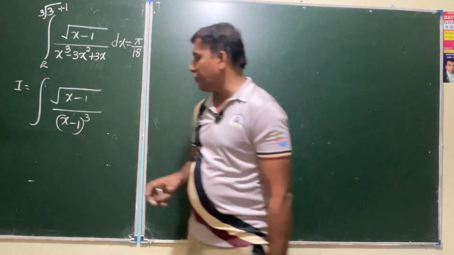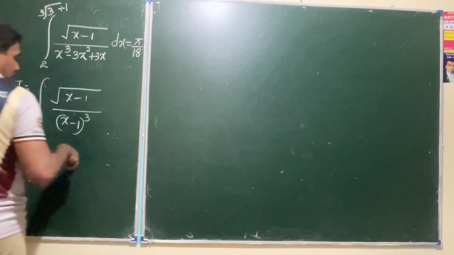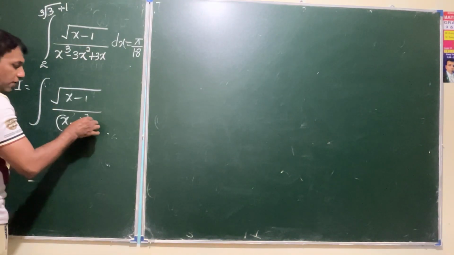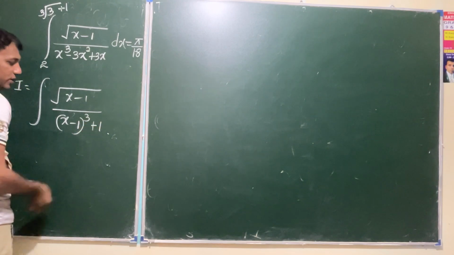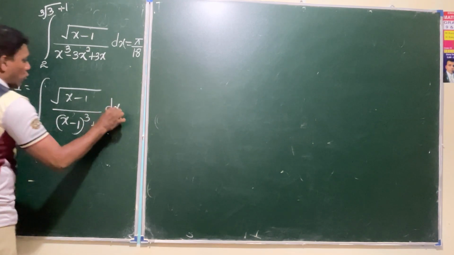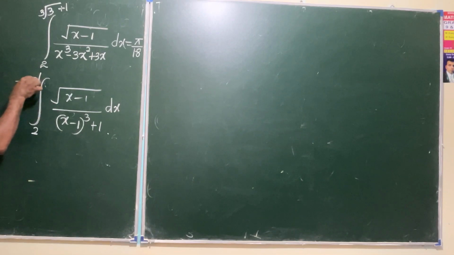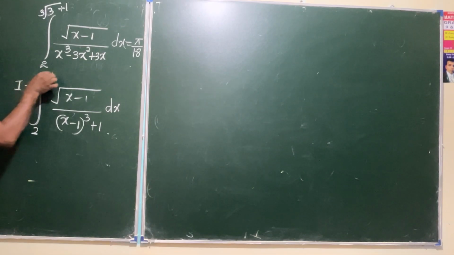So x cube minus 3x square plus 3x minus 1. There's no negative 1 in the original, so to remove it I can write plus 1. This is the dx, and the boundary is from 2 to the third root of 3 plus 1.